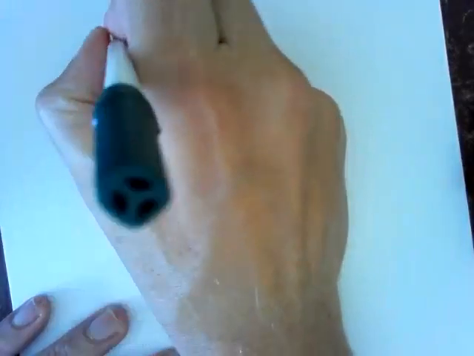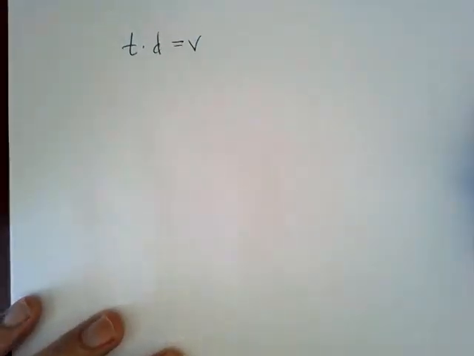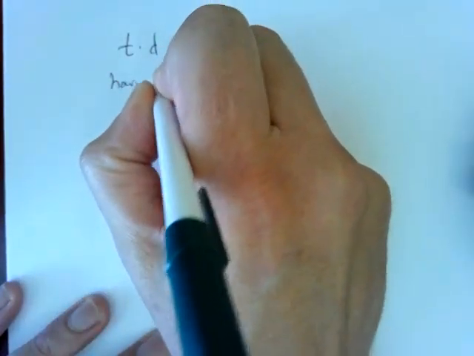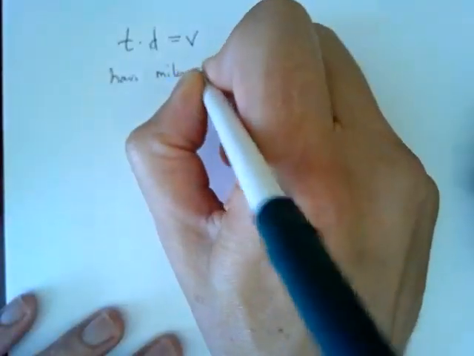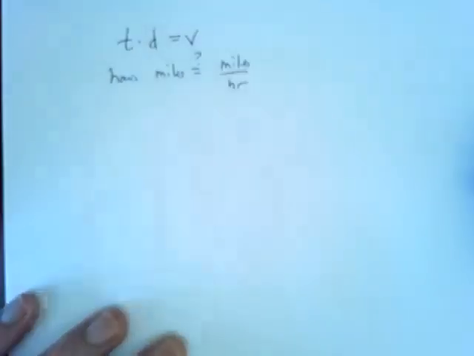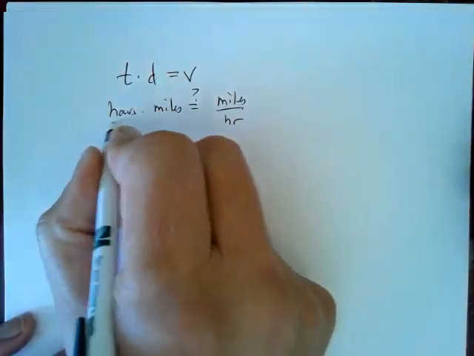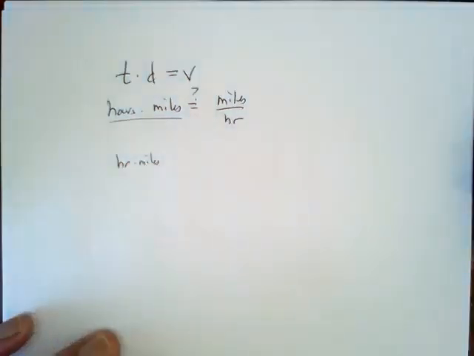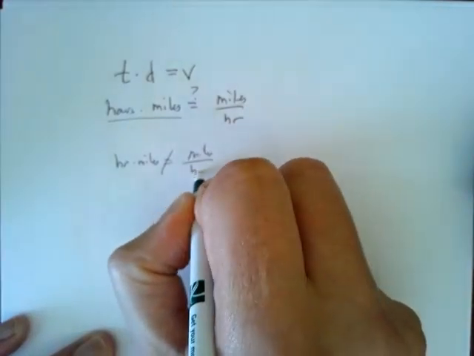What about maybe time times distance is equal to velocity? Well, time is in hours, distance is in miles, and does that equal miles per hour? And again, we'd have to say no, because rigorously, this is hours times miles. That's not equal to miles over hours.